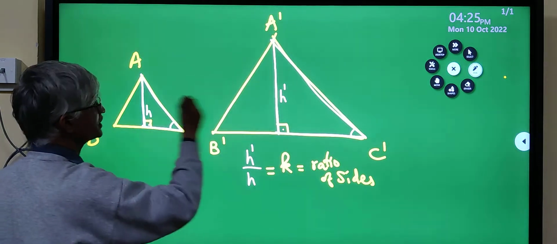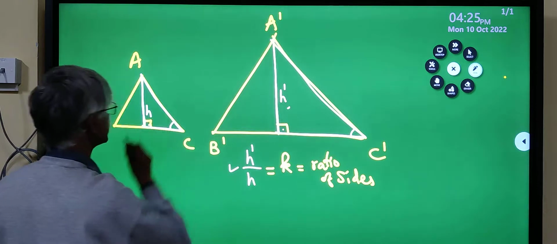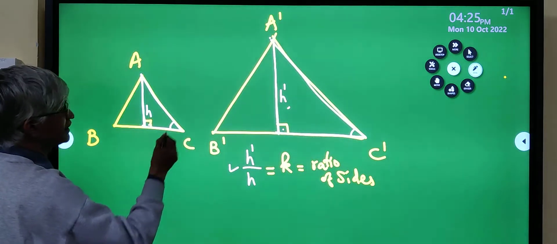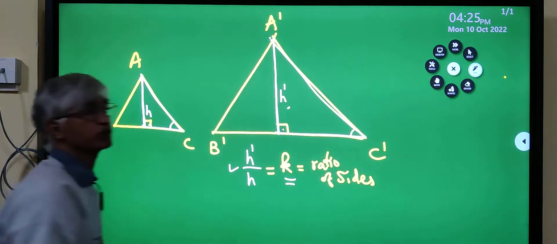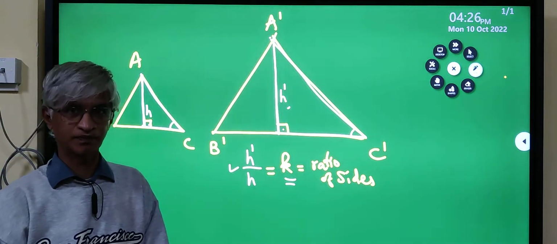Now the fact that these two triangles are similar means that h dash over h is the same as a dash c dash over ac, which is k. So this is a typical argument and it's rather simple.